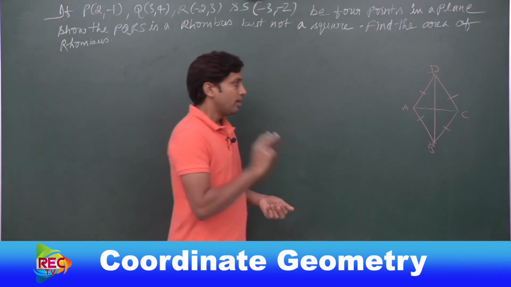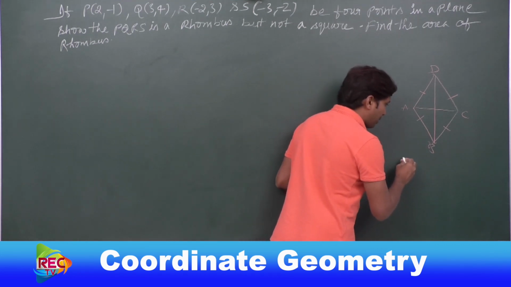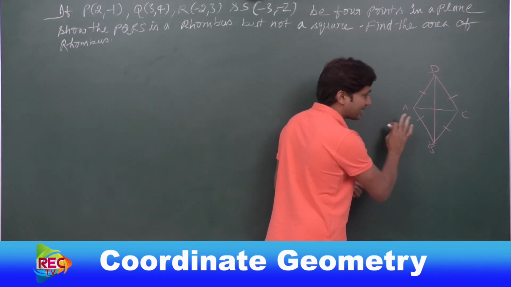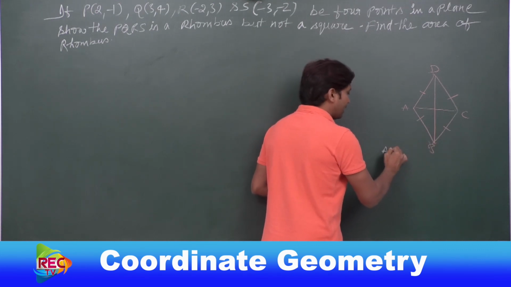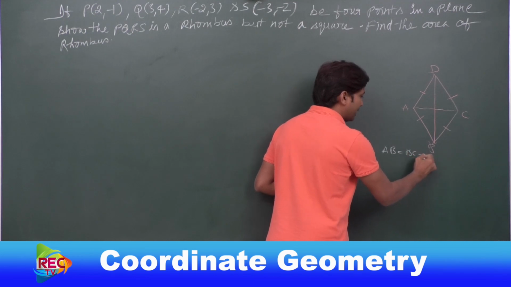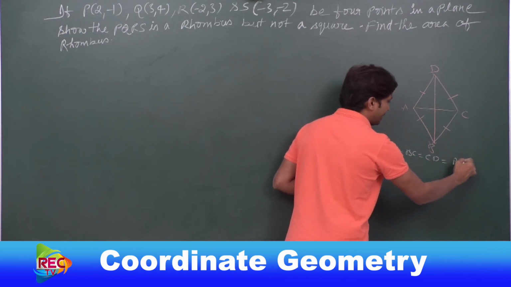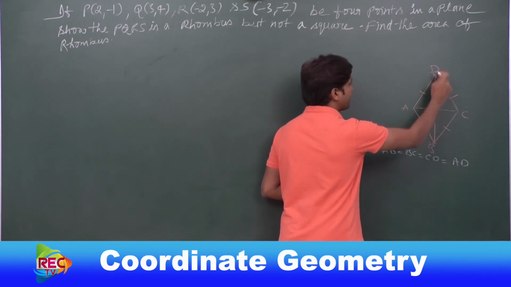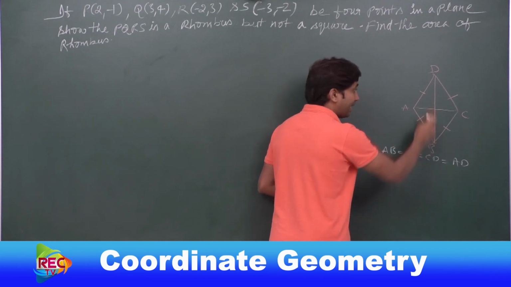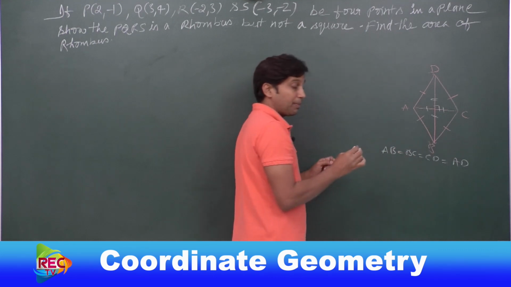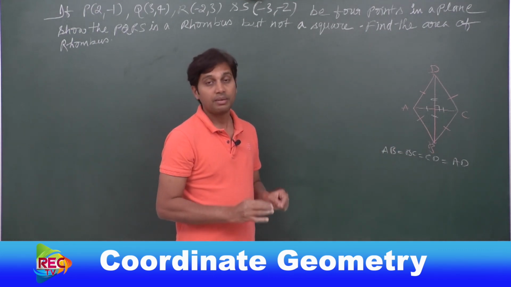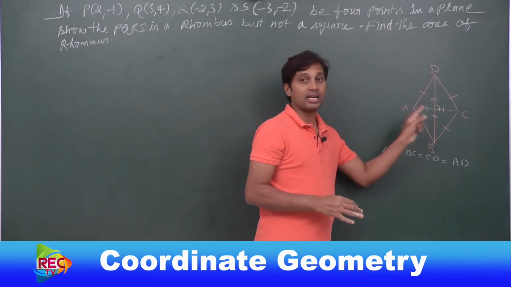So what are the major properties of a rhombus regarding its sides and diagonals? All the sides are equal: AB equal to BC equal to CD equal to AD, and the diagonals shouldn't be equal. Diagonals are perpendicular bisectors of each other of course, but their lengths are unequal.